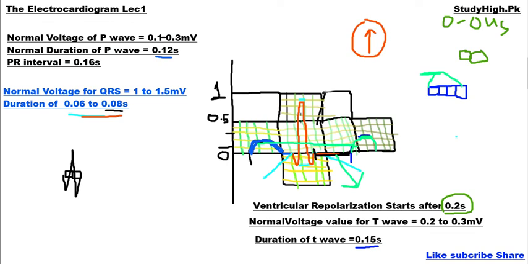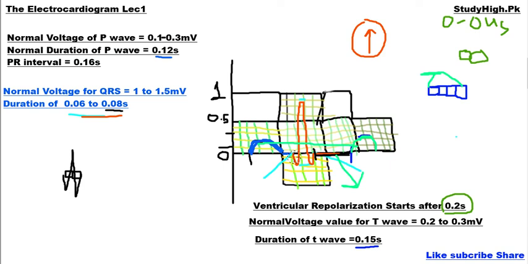If the P wave is absent, then the SA node is not working properly. If the QRS complex duration is elongated, then you can interpret different diseases like ventricular hypertrophy, different types of blockage in the Purkinje fiber, etc. We will discuss the diseases in our coming lectures.